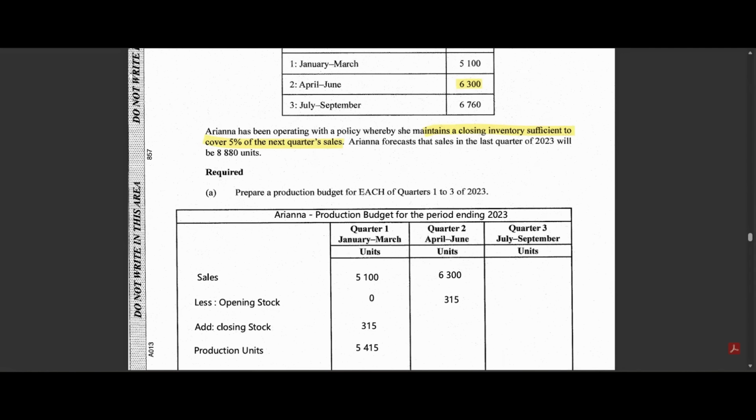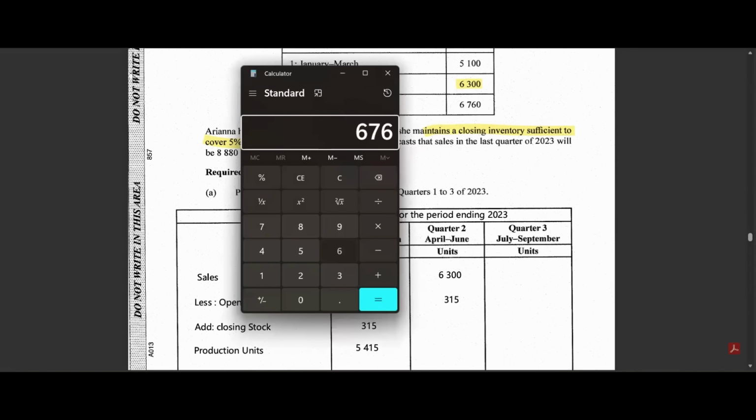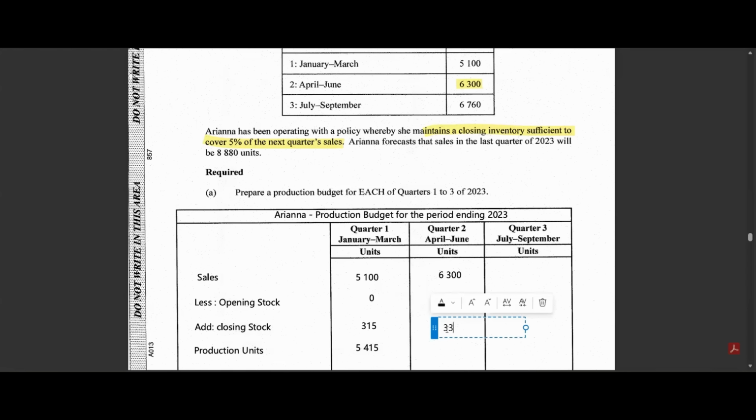So 6,760 by 5% is 338. That should in fact be our closing stock value here. So sales less opening, add closing, is going to give us production units of 6,323. Great job.